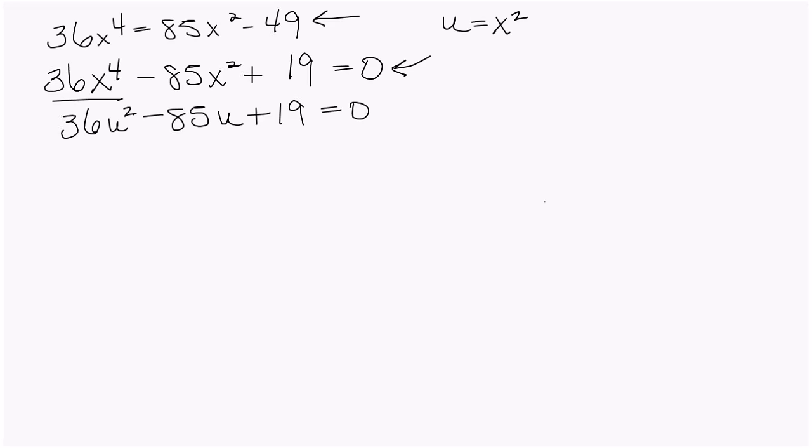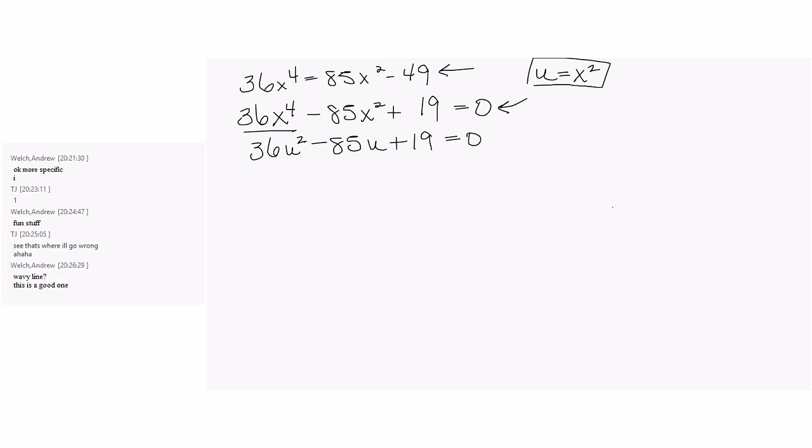And then looking at that, I'm like, you know what, that kind of looks like a quadratic. If I take u and make it equal to x squared and then put it in, I will get a quadratic. And what I can do with this quadratic is factor it and find out what u is equal to. Now the factoring process for this one is a bit hard.